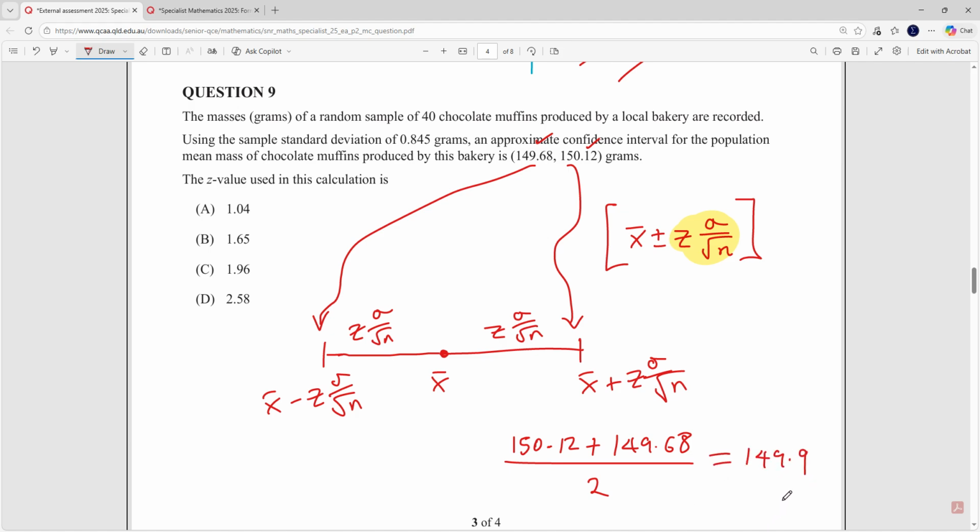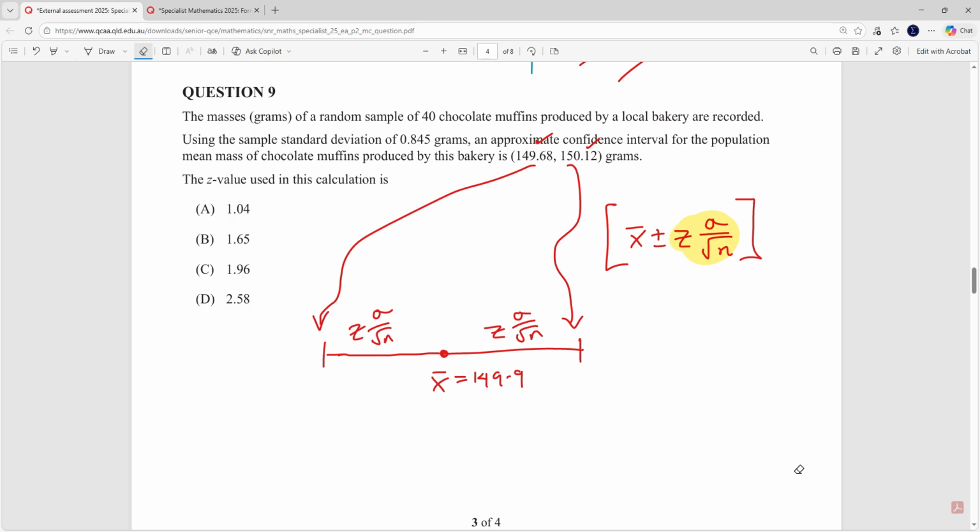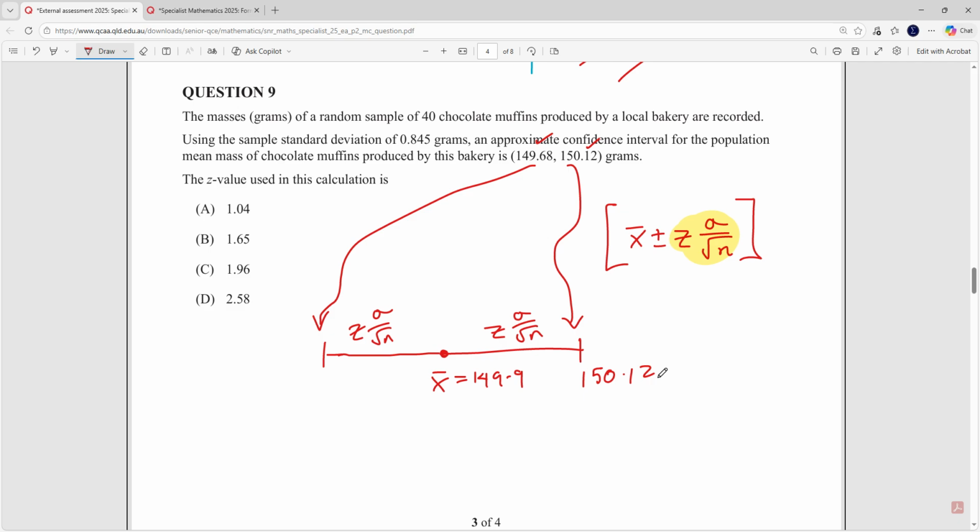Now, if this is 149.9, let's fill in this information with the data they have up there. In order to go from 149.9 to 150.12, you need to add physically the amount they've given up there.